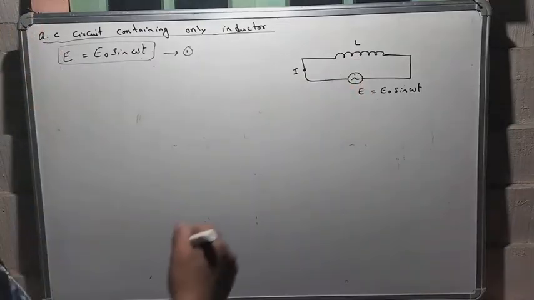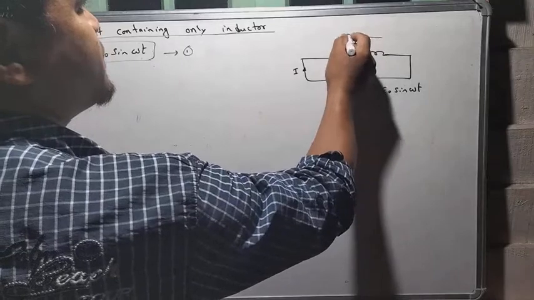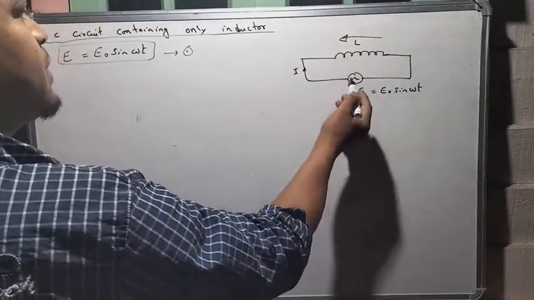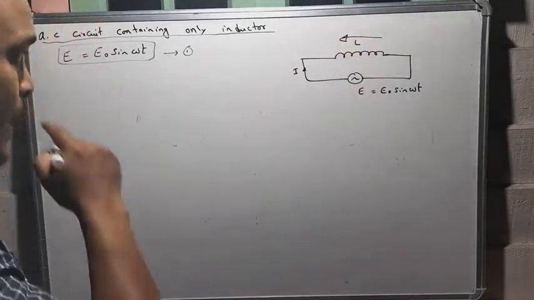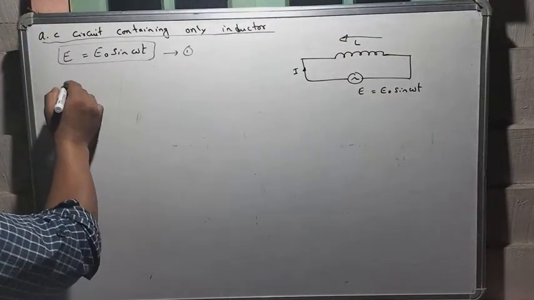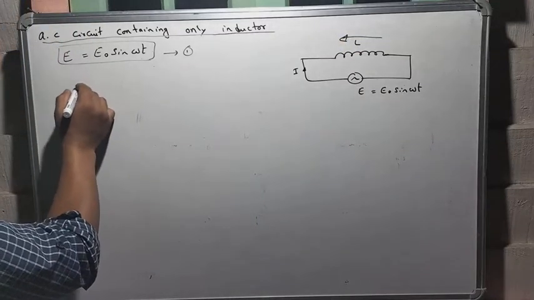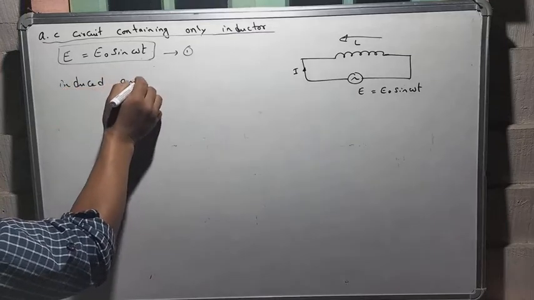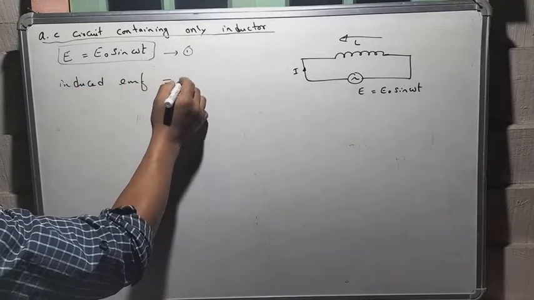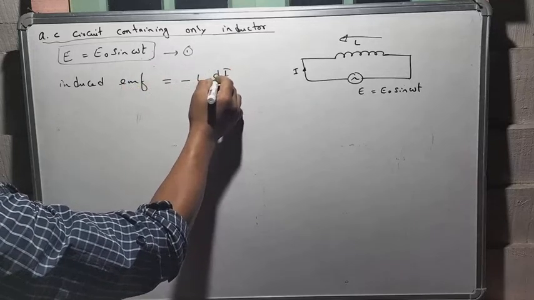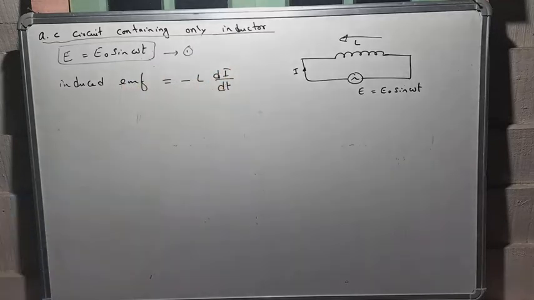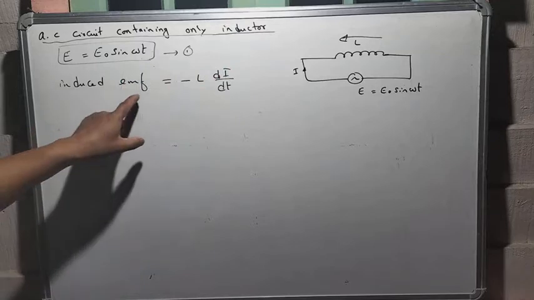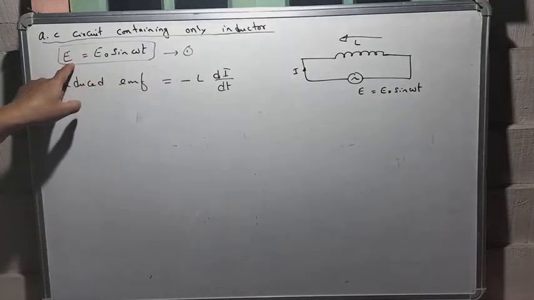That induced EMF will be opposite to the current which is sent by the source. And the magnitude of the induced EMF is equal to minus L di upon dt. So this is my induced EMF and this is my applied EMF.